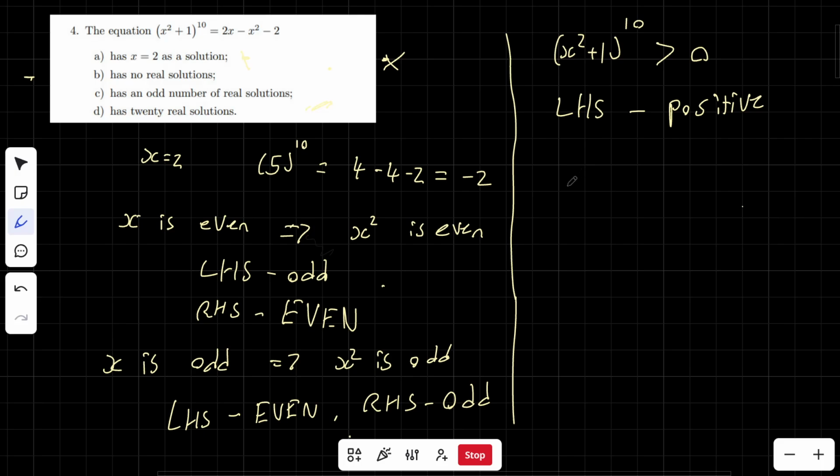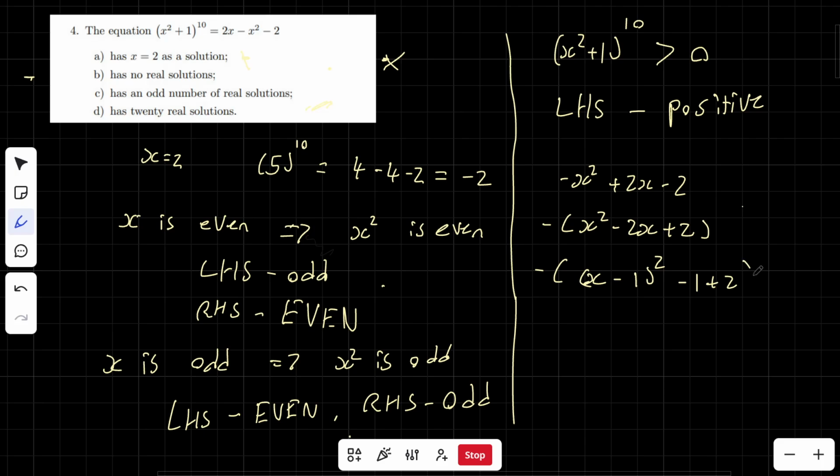The right-hand side is a quadratic. If we complete the square, we get minus x squared minus 2x plus 2, which is minus (x minus 1) squared, minus 1 plus 2.